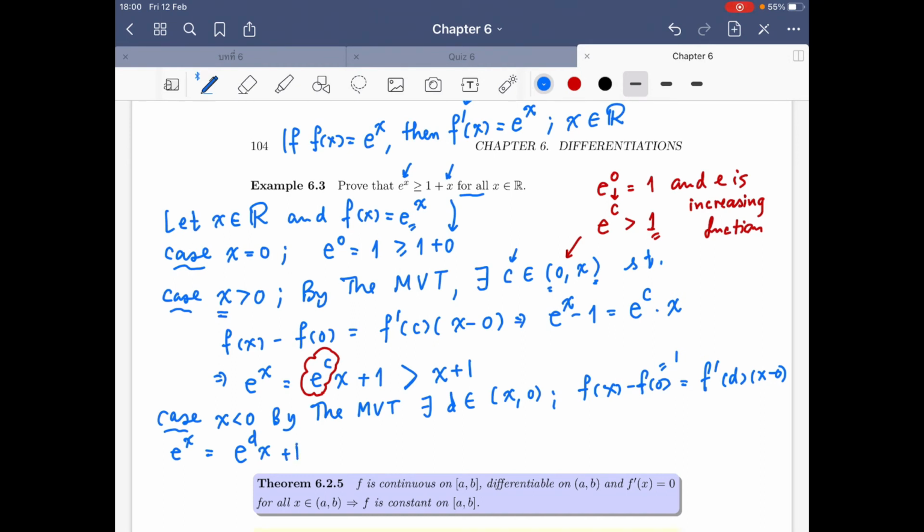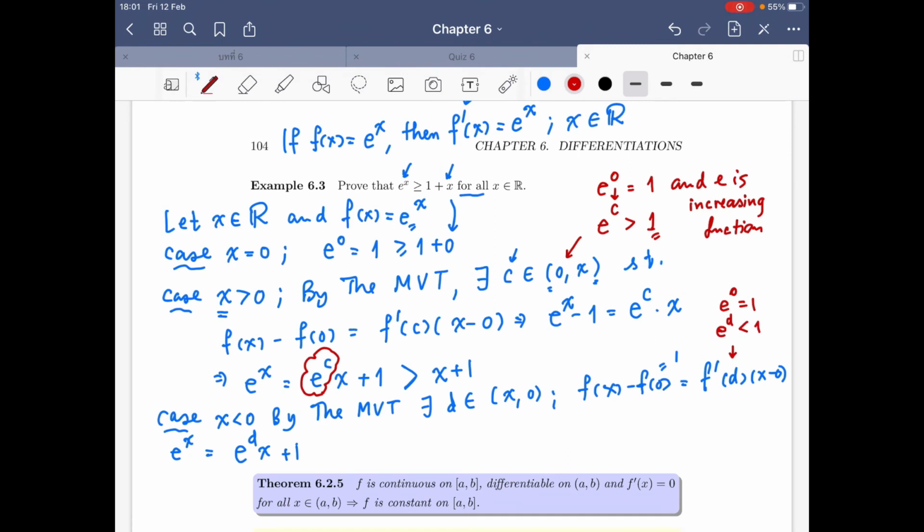However, as your x is less than 0, again it is the same thing: e to the 0 is 1 and your d is less than 0, so your e to the d is actually less than 1.